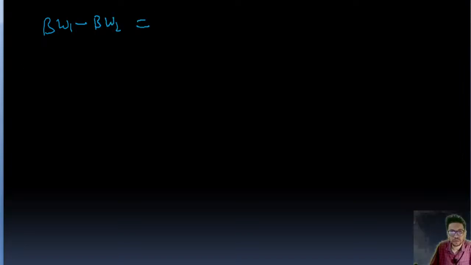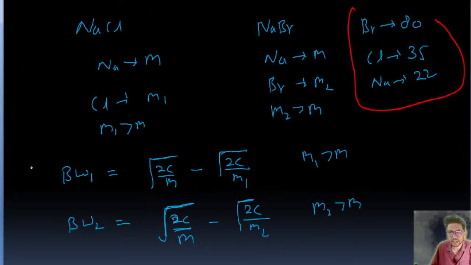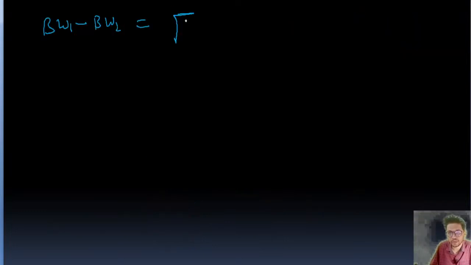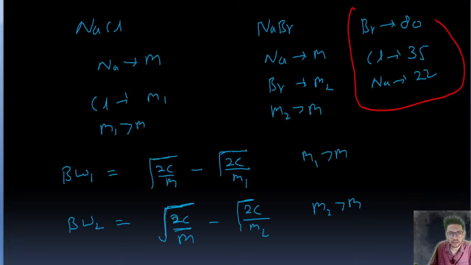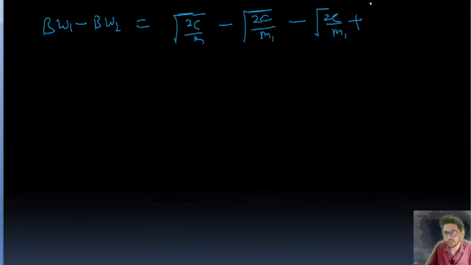Okay, so that is going to be root 2c upon m minus root 2c upon m1, minus root 2c upon m minus root 2c upon m2.